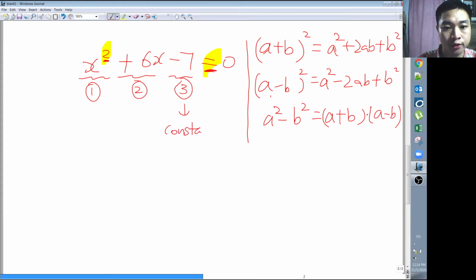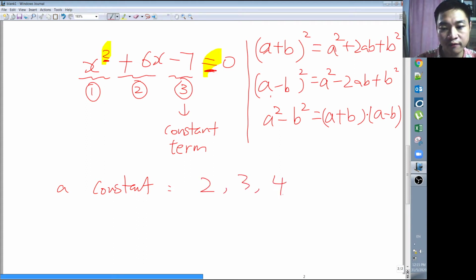What is a constant? Some examples of a constant are 2, 3, 4, 5.5.